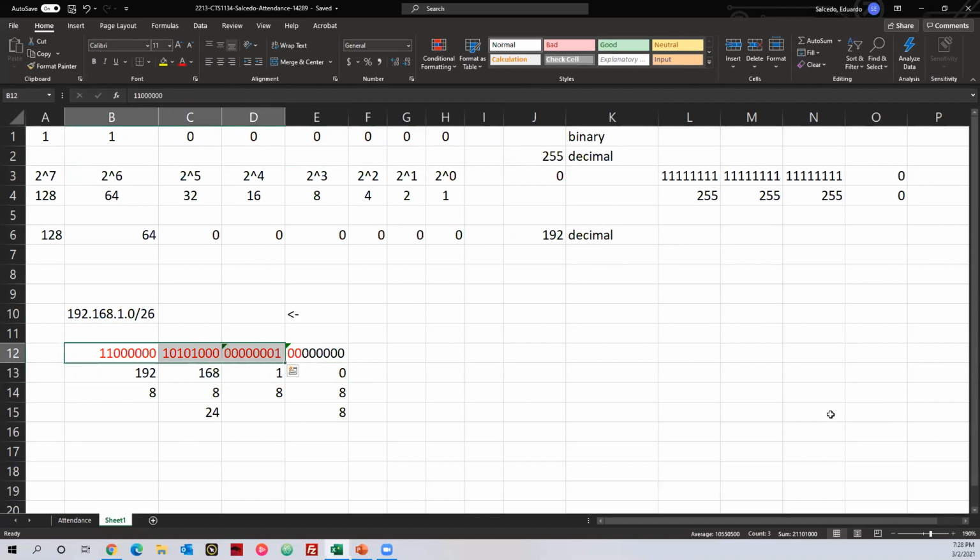In a class C IP address, the first 3 octets, meaning this is 1 octet, another octet, another octet, that's where the 24 comes from. The first 24 numbers, 0 or 1, are what the network is. It's like saying you live in an apartment building. The building is 12345 Southwest 88th Street, but my apartment is 201.